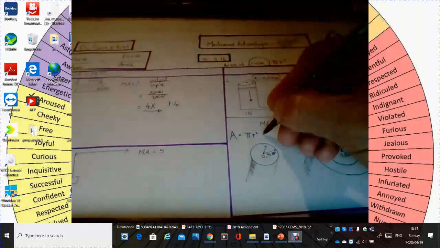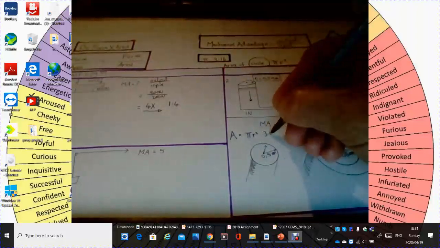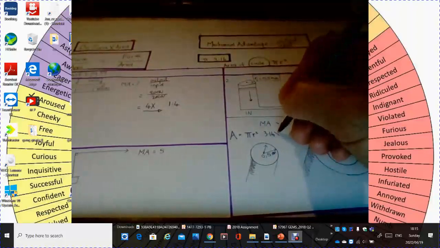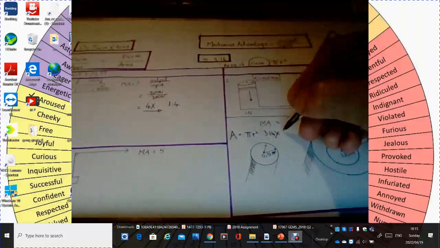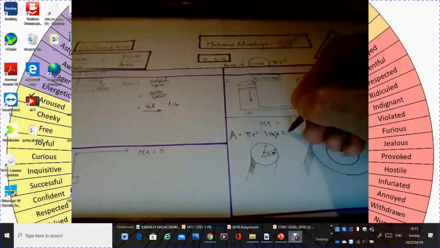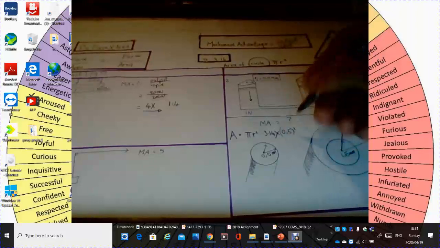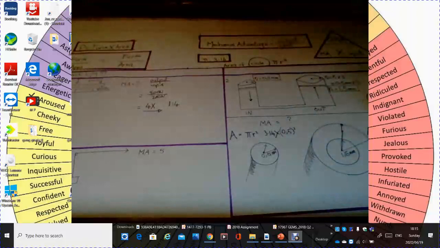Pi is always 3.14 times 0.5 squared. You don't square the millimeters. They become little blocks. Which equals 3.14 times 1.5 millimeters squared.